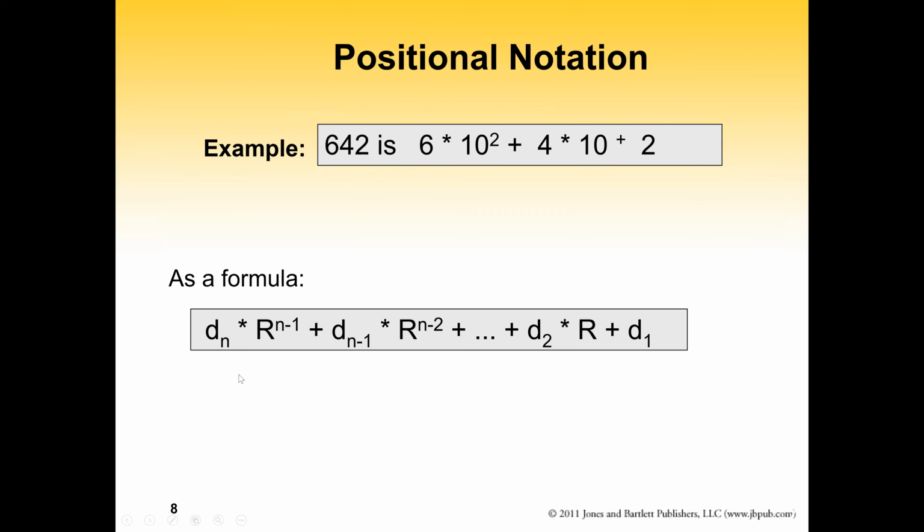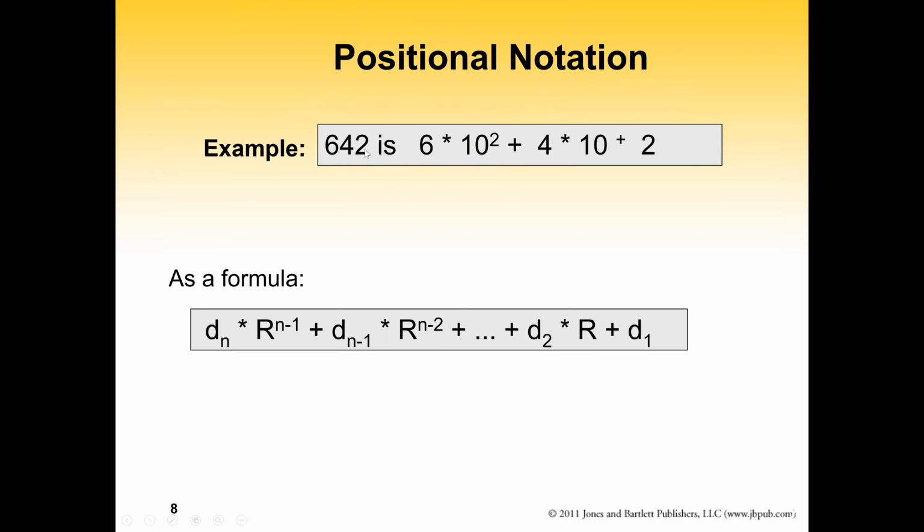So the formula will be, this is again the decimal number system, or it can be any number system. It will be r to the power, this will be the position of the value, so r to the power n minus 1. The reason why it's n minus 1, we can look here. We have 3 digits, but we have 10 to the power 2, not 10 to the power 3.